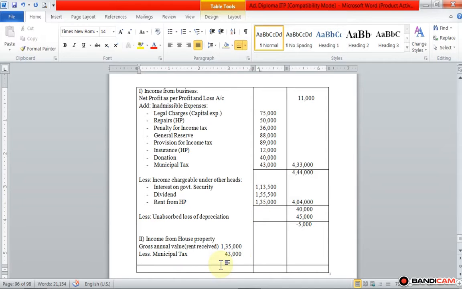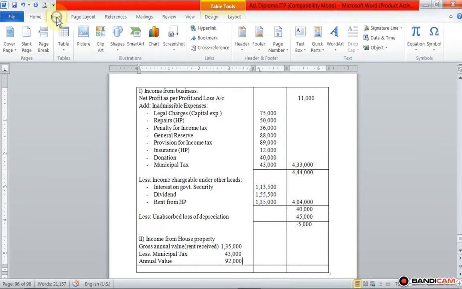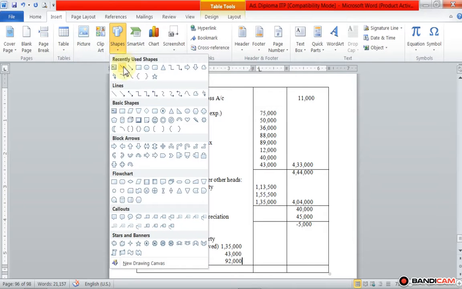That 92,000 is the annual value of the house property.